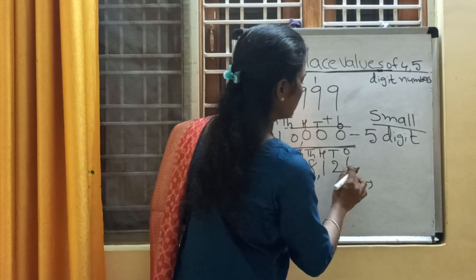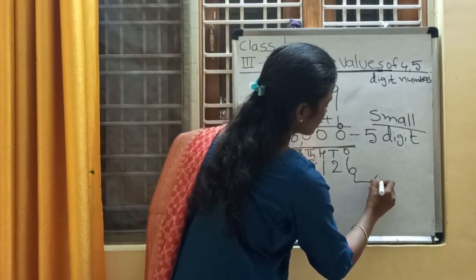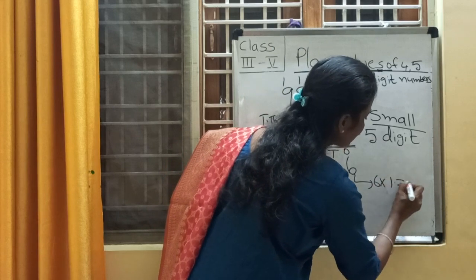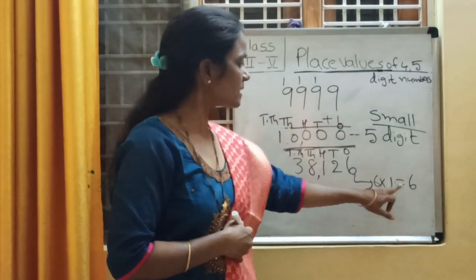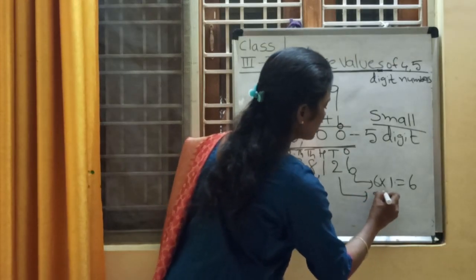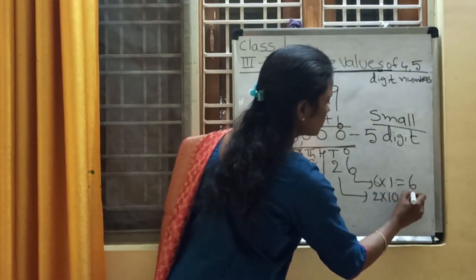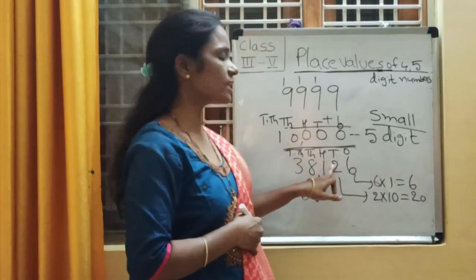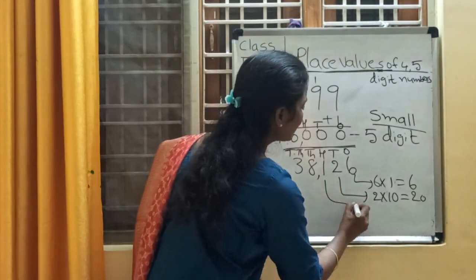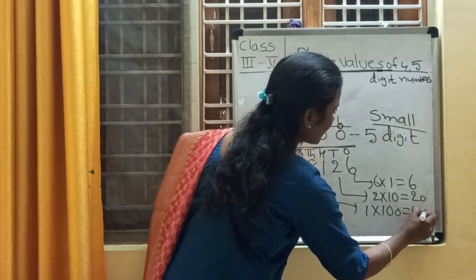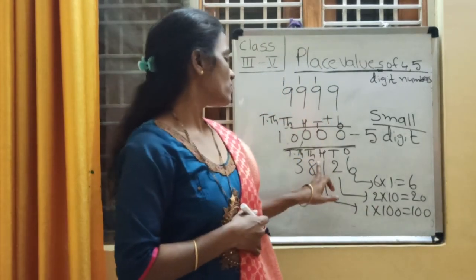Write down the place values. 6 is in 1's place. So 6's place value is 6 into 1, 6. 2 is in 10's place. 2's place value is 2 into 10. 20 is the place value of 2. 1 is in 100's place. 1 into 100. 100 is the place value of 1.